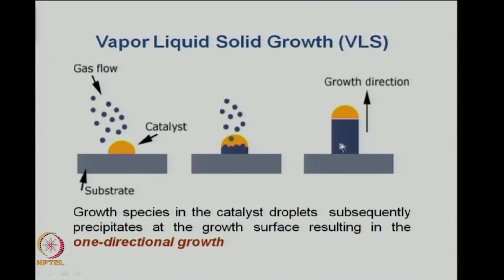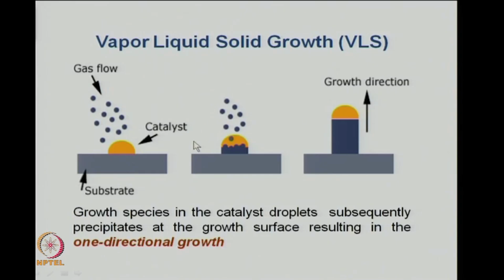The dimension of this globule actually fixes the diameter of this rod. So, if you have a small diameter of this globule, you get a thin nanowire. If you have a large diameter of this globule, you will get a thick nanowire. So, this is the overall process.